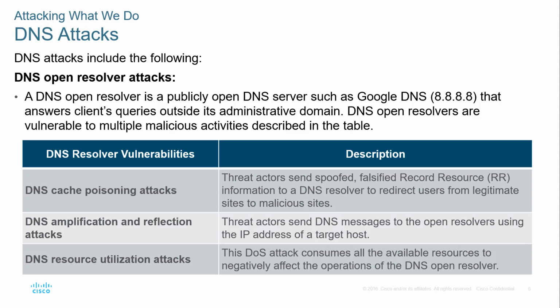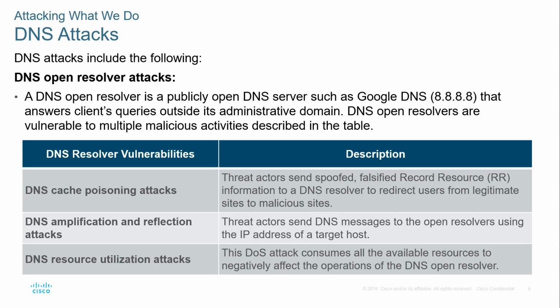So DNS attacks normally deal with DNS Open Resolver. An Open Resolver is a publicly open DNS server such as Google's 8.8.8.8 that answers the client queries outside of its administrative domain. DNS Open Resolvers are vulnerable to multiple malicious types of attacks.